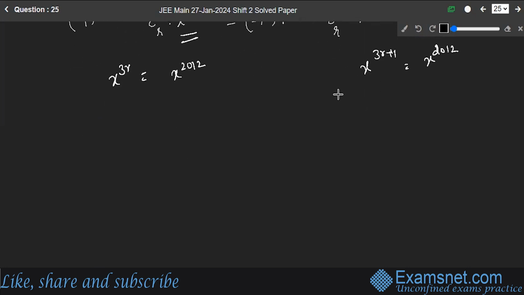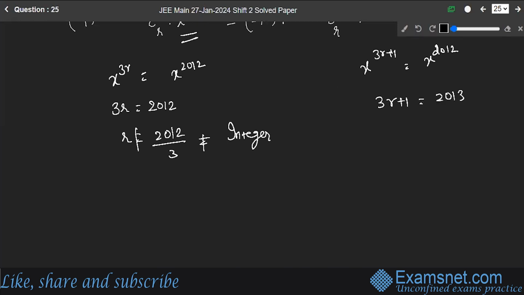From here, r can't be equal to this value because it is not an integer. Let's try 3r plus 1 equal to this. Or you have 3r is equal to 2011, so r is 2011 by 3. This is again not an integer.